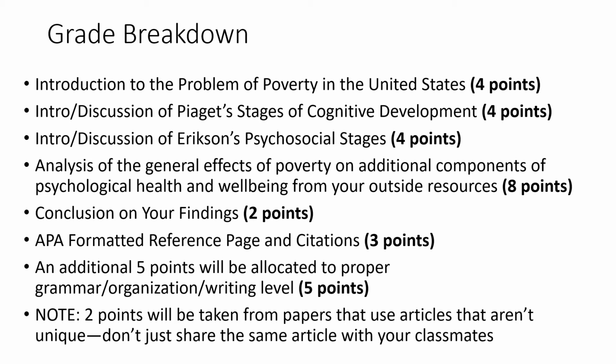In addition to creating that link, you're going to review, or at least summarize, the theories of Piaget and the theories of Erikson, and how these things could easily be tied to a lot of the poverty topics that you see in your readings that you've accumulated. After connecting all of these ideas, you're going to provide an overview, a conclusion of how these things are tied together. And then, as I mentioned before, provide APA formatted references and citations.